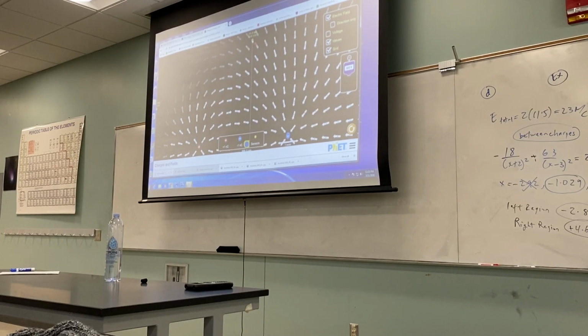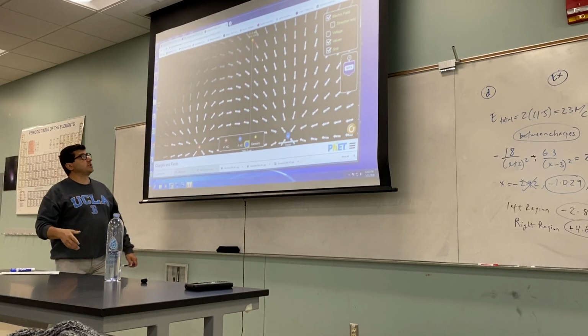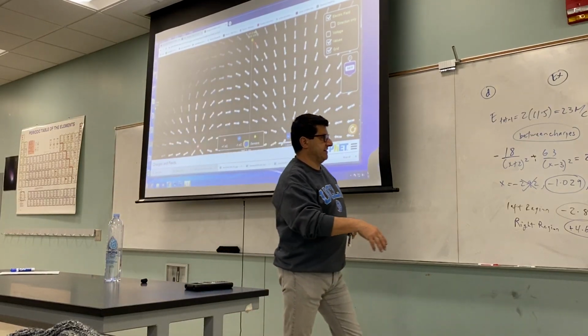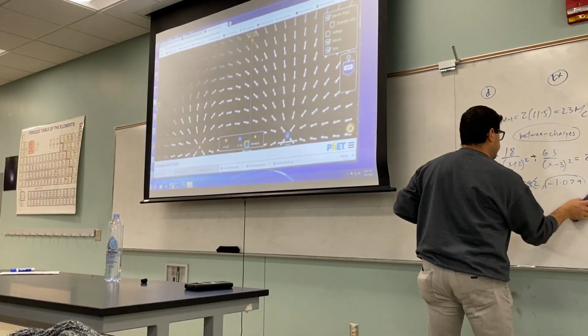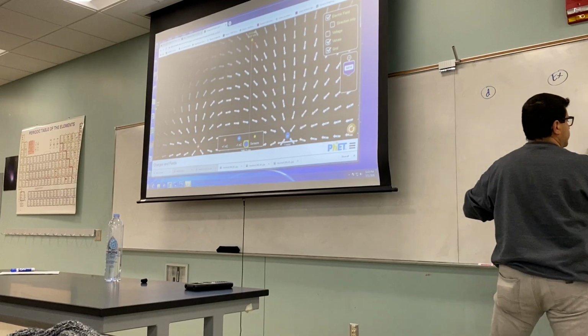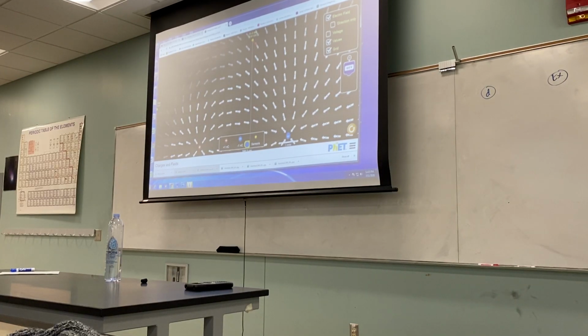Okay, so it looks like the total electric field is like this, because if I draw the electric field configuration of a positive 2 and a negative 7, I expect the lines to look like this.